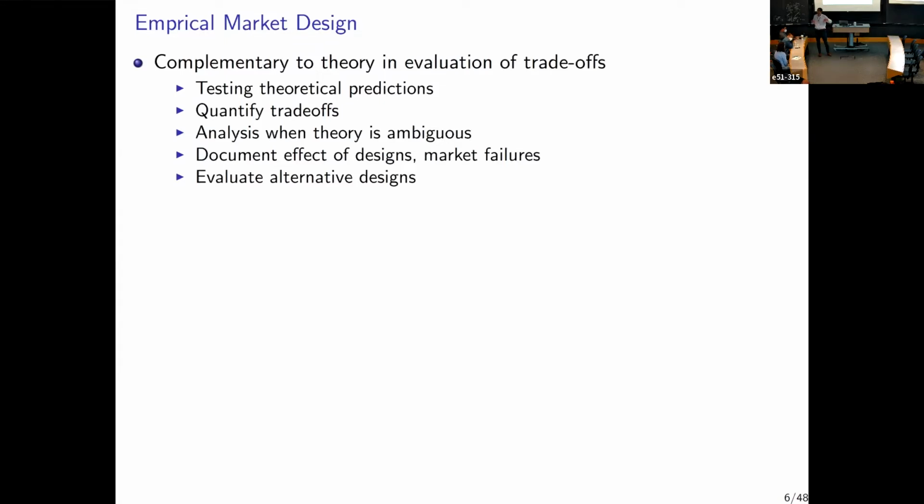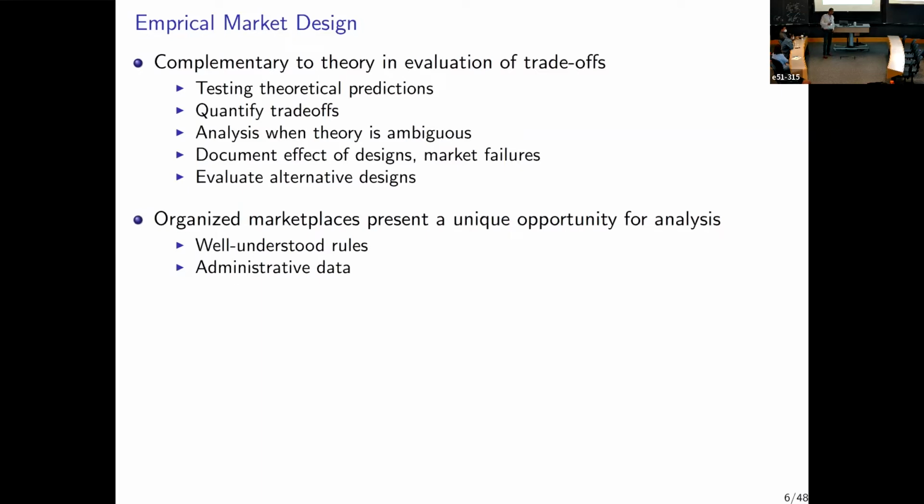Maybe if you do this, some people are going to win, some people are going to lose. But we are going to be able to empirically quantify those trade-offs. And sometimes theory will give us an ambiguous prediction, because what's going to happen with a particular change is going to depend on technology and preferences. Well, we can try to estimate those preferences. So that's where we're going.